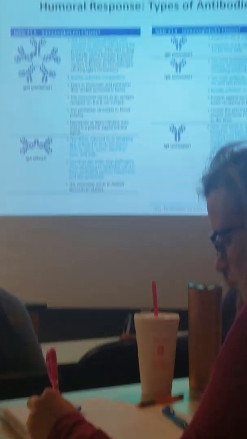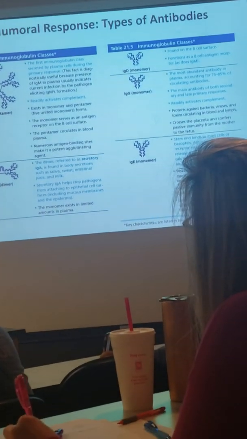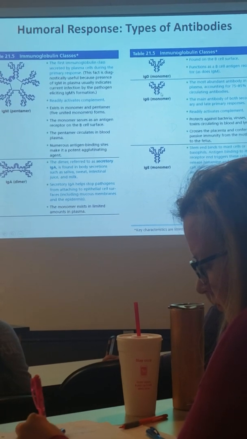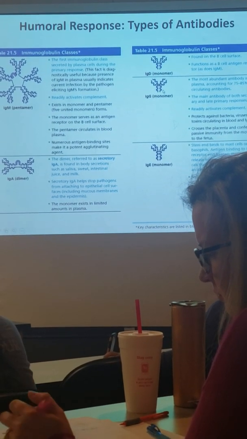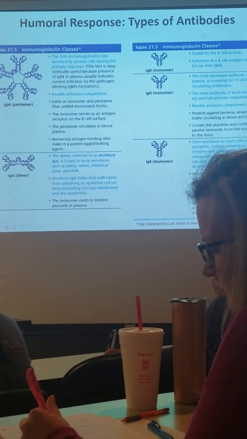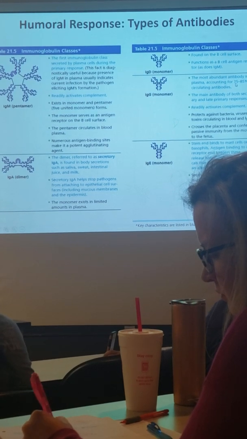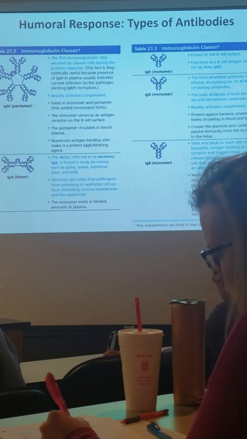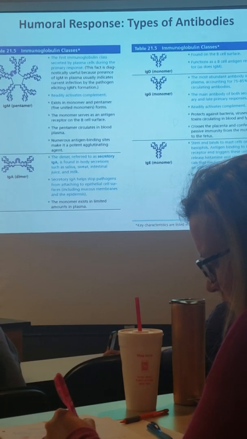Now, the last kind of antibody is pretty much the most important antibody out of all of them. It's your IgG, okay? Now the reason that this is the most important is you can see that this accounts for 75 to 85% of your antibodies. So this is the most numerous of your antibodies that exist.